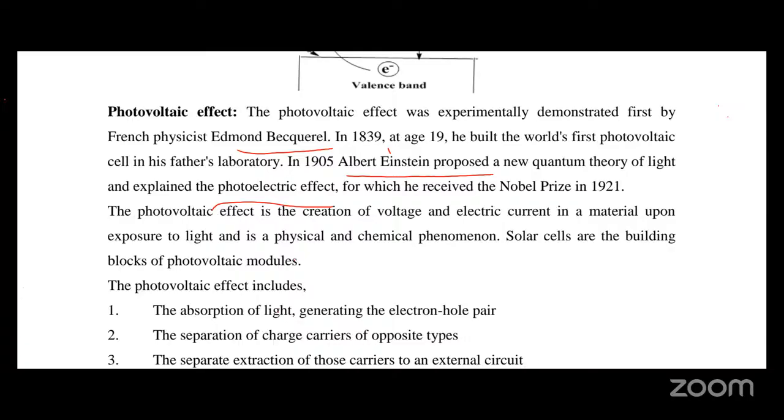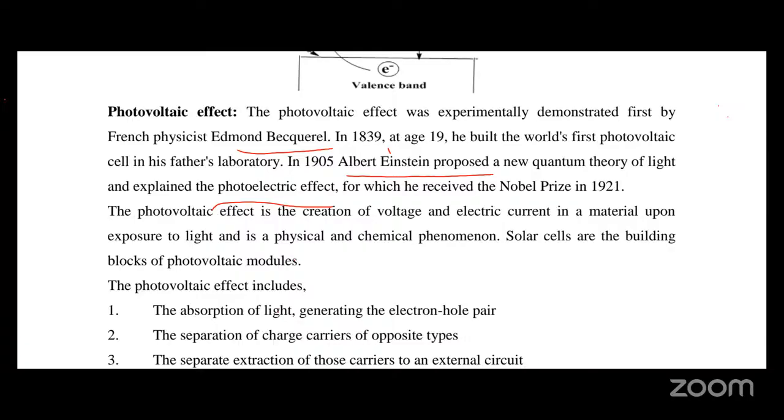Those surface electrons get ejected. That ejection of electrons from the surface of the metal is known as the photoelectric effect.